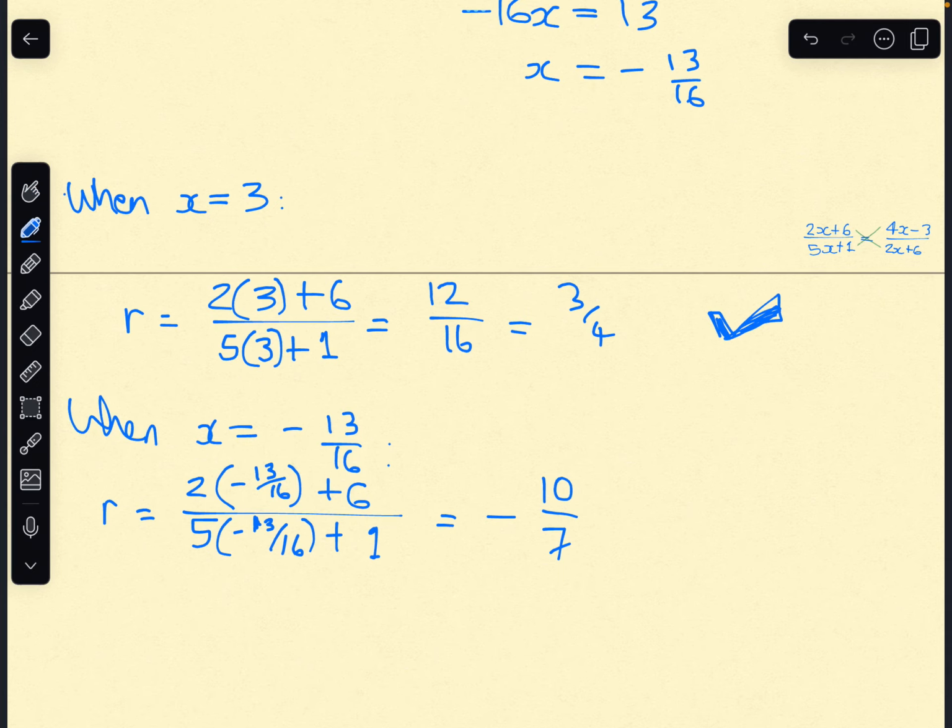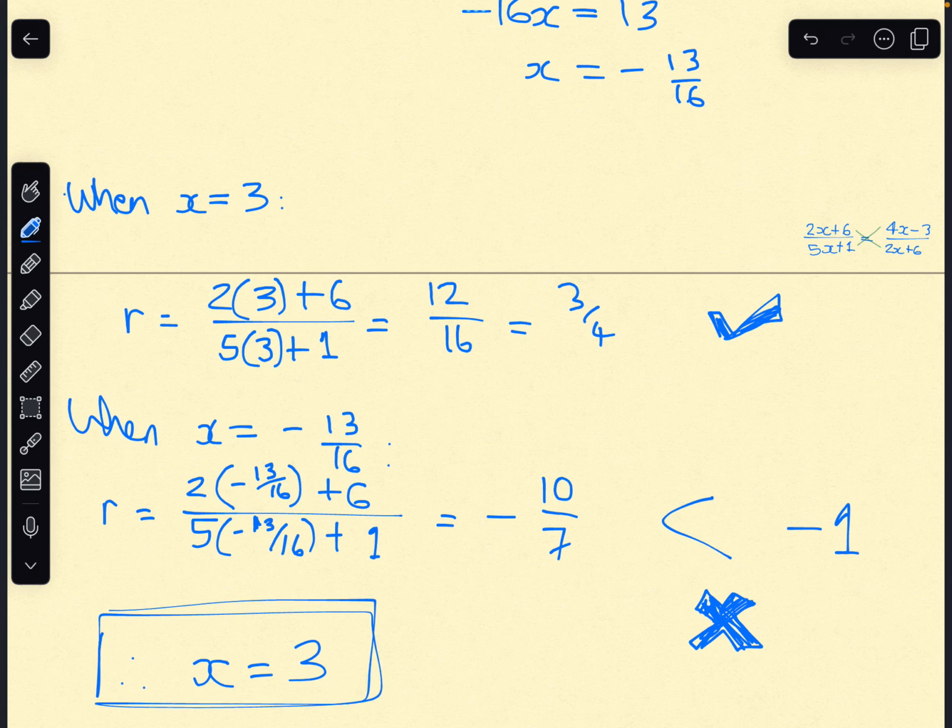And that is smaller than minus 1. So this does not satisfy condition number 2. Our sequence is not going to be a converging sequence if we use this ratio. So our only solution is that x can only be equal to 3.